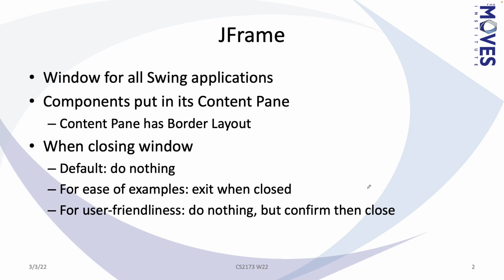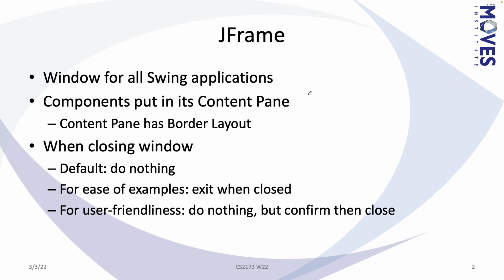So what's a JFrame? That's the window for all Swing applications. And you can have more than one. Typically, there's just one, but you can have as many as you want. Now, the JFrame is actually just a ridiculously complicated class. It's got a ton of things.